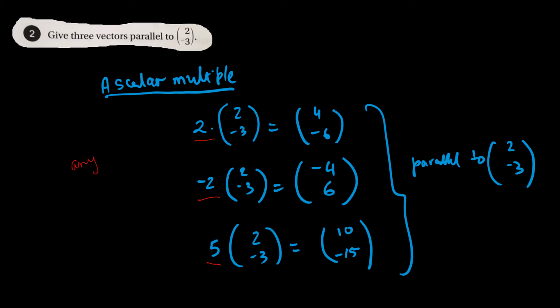It doesn't have to be 2, 5 and -2. Any positive or negative integer can be multiplied as a scalar. In this case I got (4, -6), (-4, 6) and (10, -15), and they are all parallel to (2, -3).